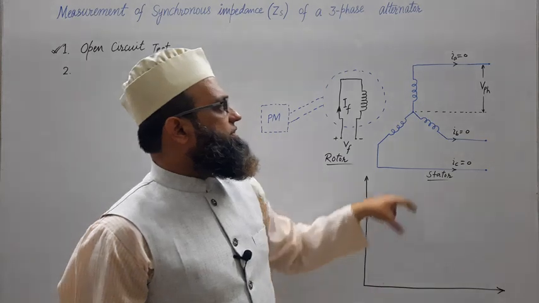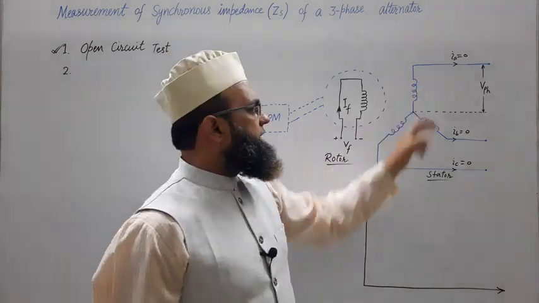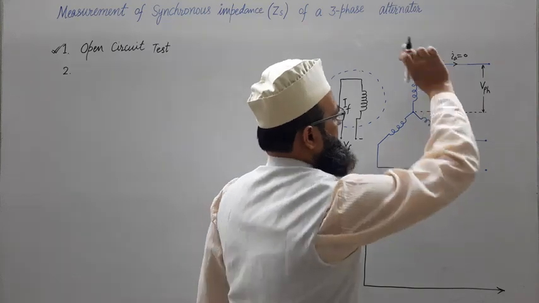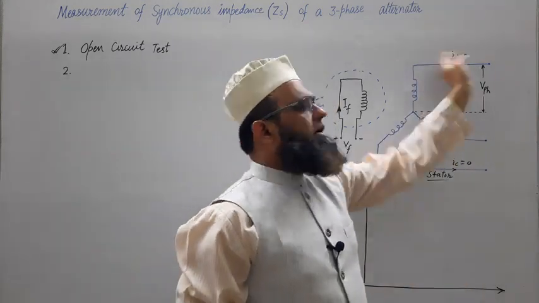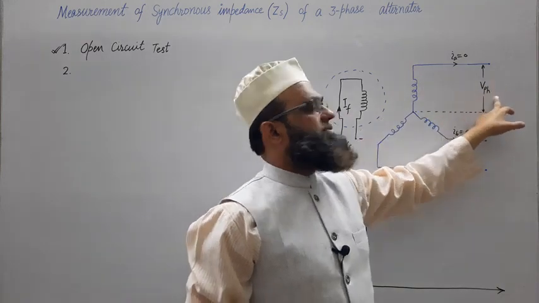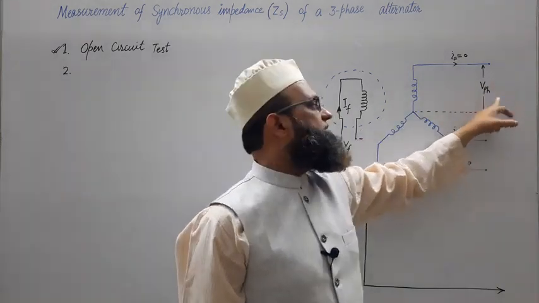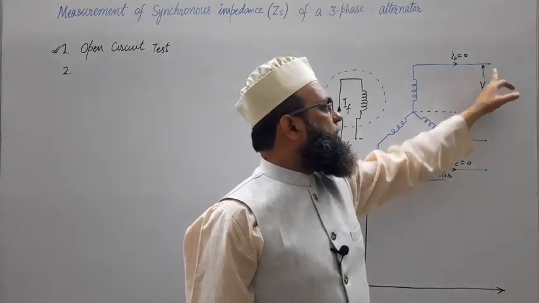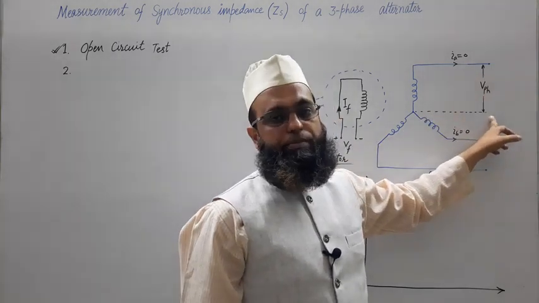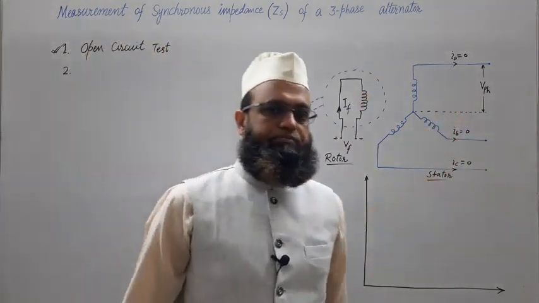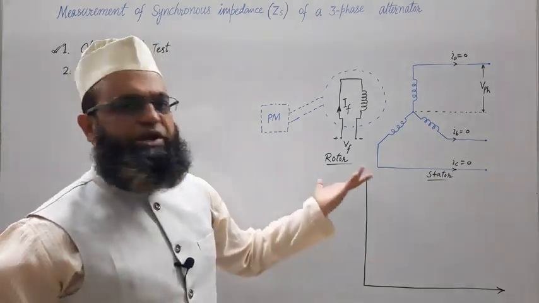So whatever EMF is induced, let us say EPH, will be the same as VPH, that is the per phase terminal voltage. This is the voltage between this point and the neutral point. So terminal voltage becomes equal to the EMF generated, as no drop will be there and no armature reaction, as current is not there.